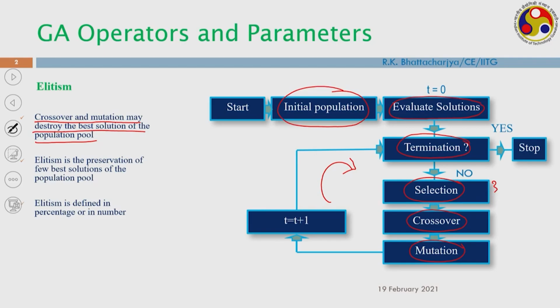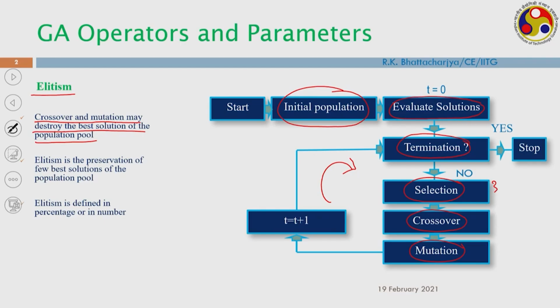What I want is that my better individual, the best individual of the generation, is not destroyed by crossover and mutation, and in order to preserve it, I can use elitism. What is elitism? Elitism is basically preserving the best solution.